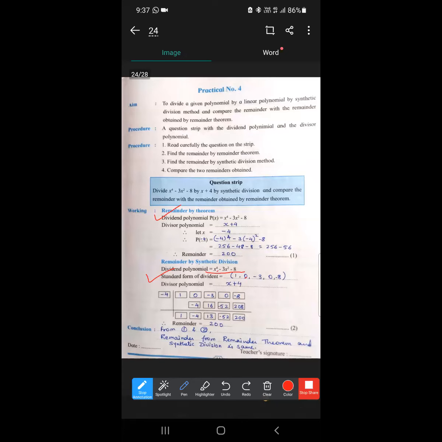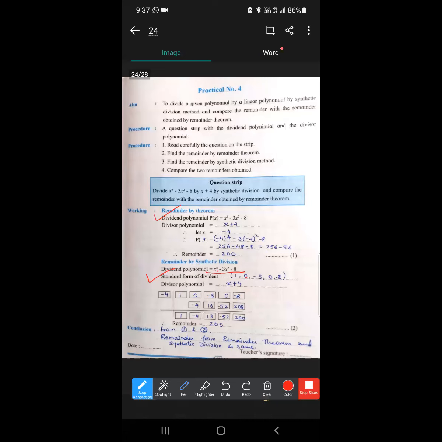Then after 3, 2. The coefficient of degree 2 is already present, that is minus 3. You will not write only 3, you need to write minus 3, because the sign of the 3 is minus. I told you that you need to write the coefficient along with its sign.